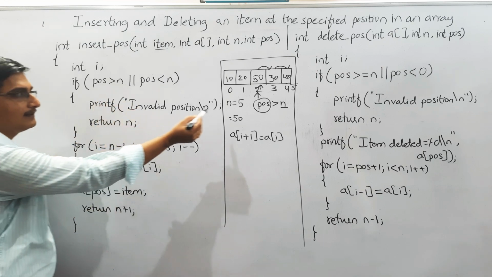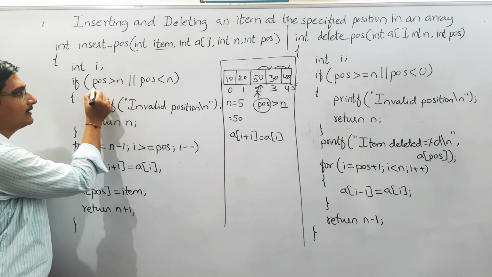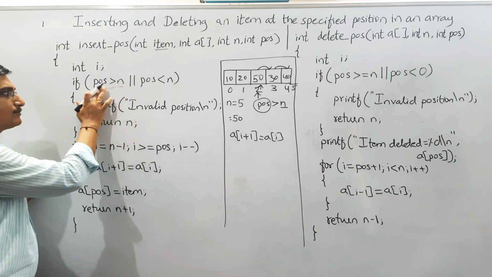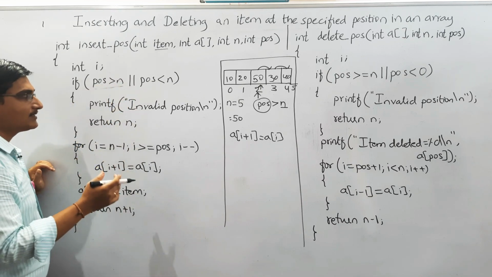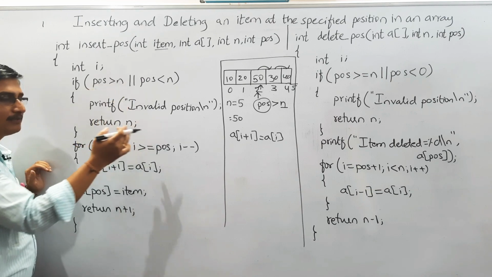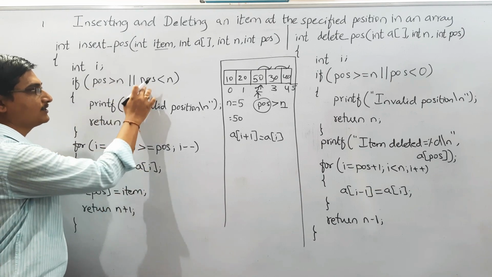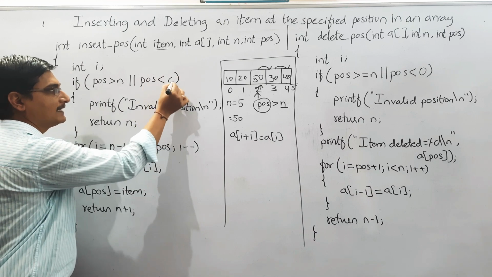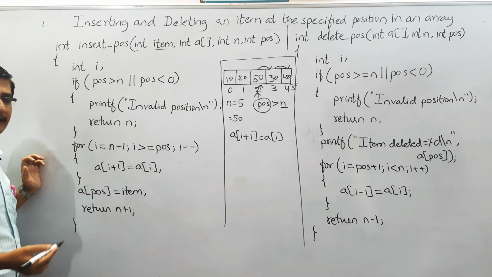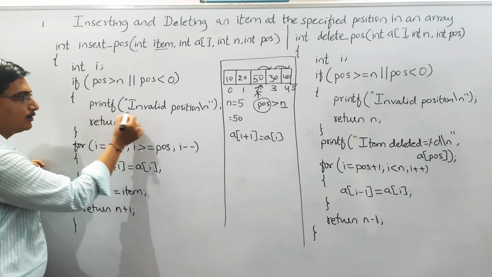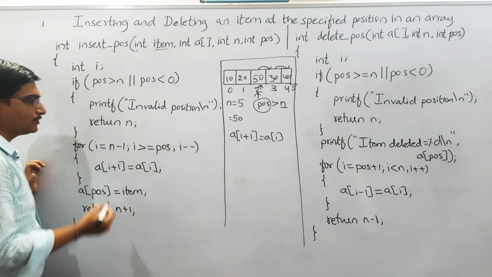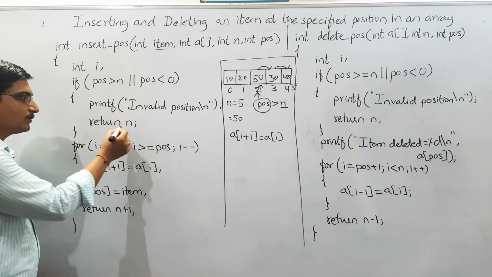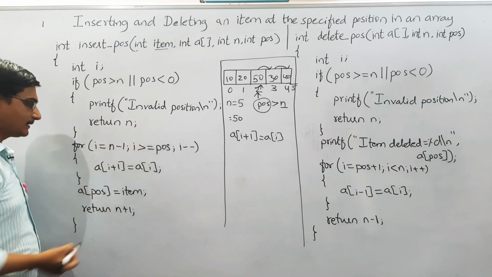We have checked the first condition, whether the given position is greater than n. If so, we cannot insert that element in that position because it will be an invalid position. If this position is less than 0, then again it is an invalid position. So we are going to print that this is an invalid position, and return the number of elements as it is. So n is the number of elements, return that.